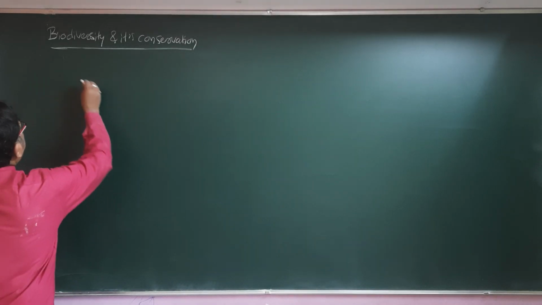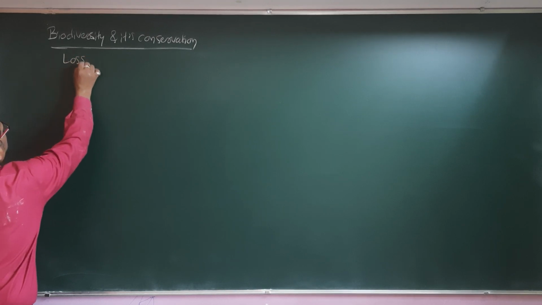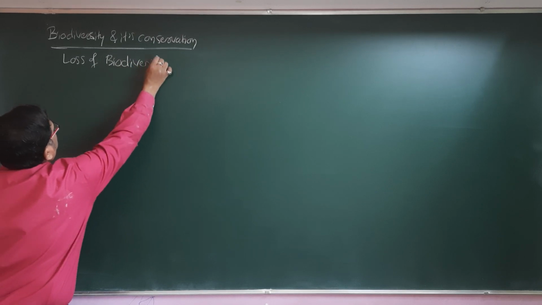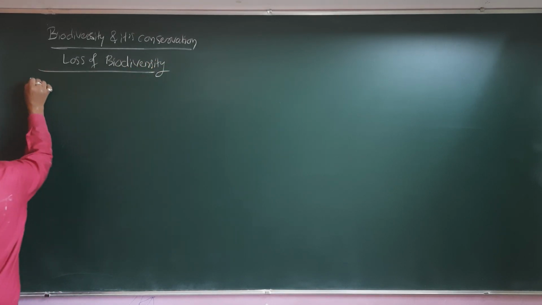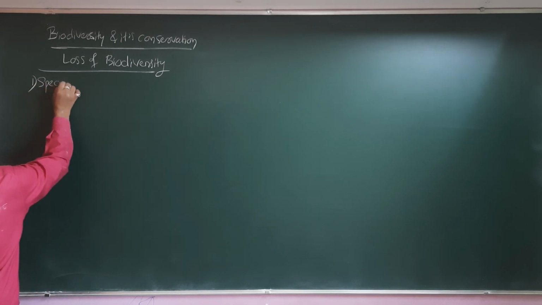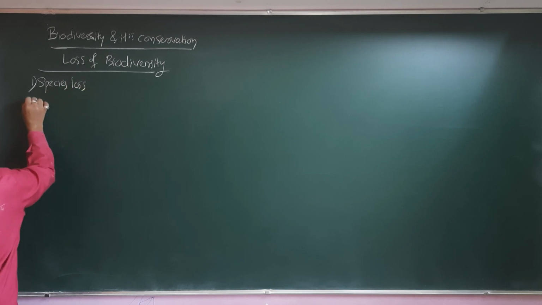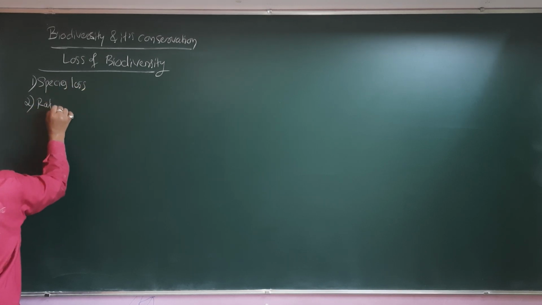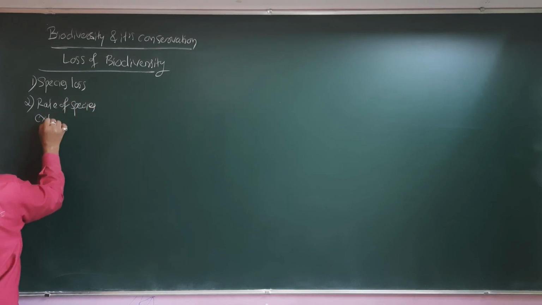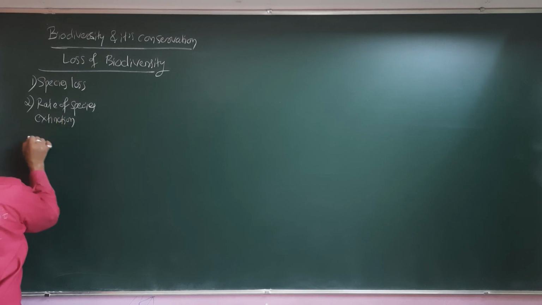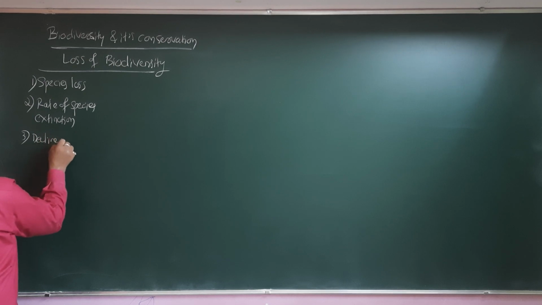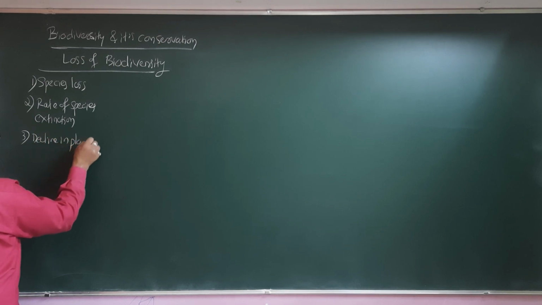So let us understand the loss of biodiversity. The points we are going to discuss: first, species loss. Second, rate of species extinction. Number 3, decline in plant species.